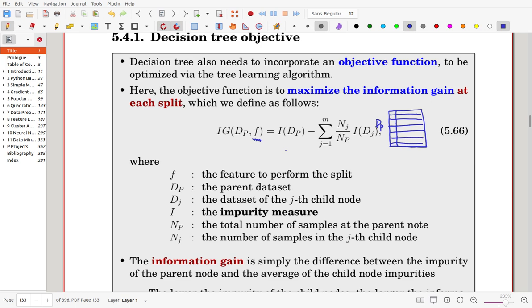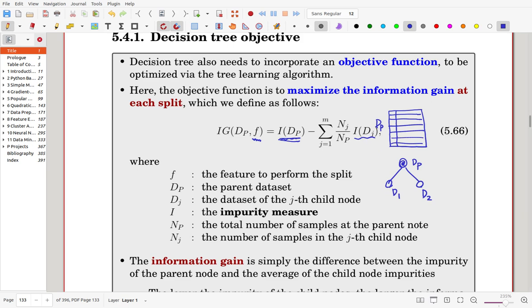Now information gain is defined in this way. I is the impurity measure of the parent data set. That one is already decided. Now we try to split the parent node. We try to make, for example, 2 children. So DP is split into D1 and D2.